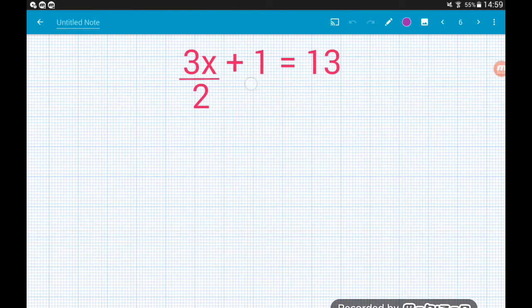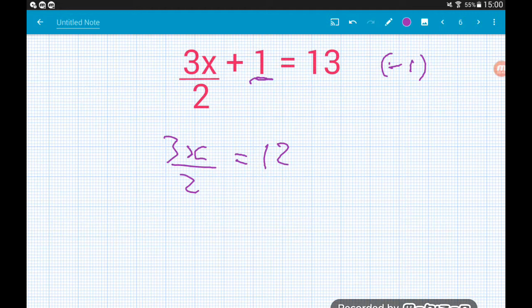Where we can, we always want to move the middle term first, the term that has nothing to do with x. So our first step here then is going to be to subtract 1 on both sides. Now that's going to leave us with 3x over 2 is equal to 12.